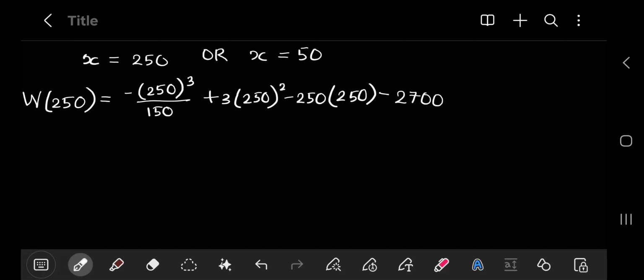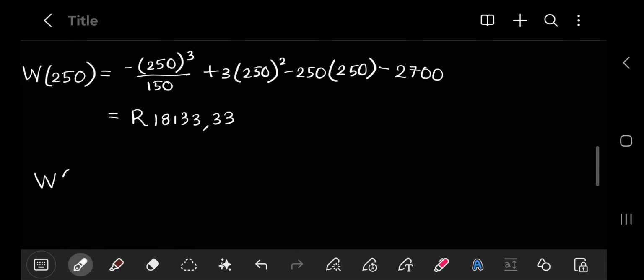In your equation, wherever you have x, you are substituting 250. Since W represents profit and profit is going to be in rands, this is the value that I have, 18,133.33.